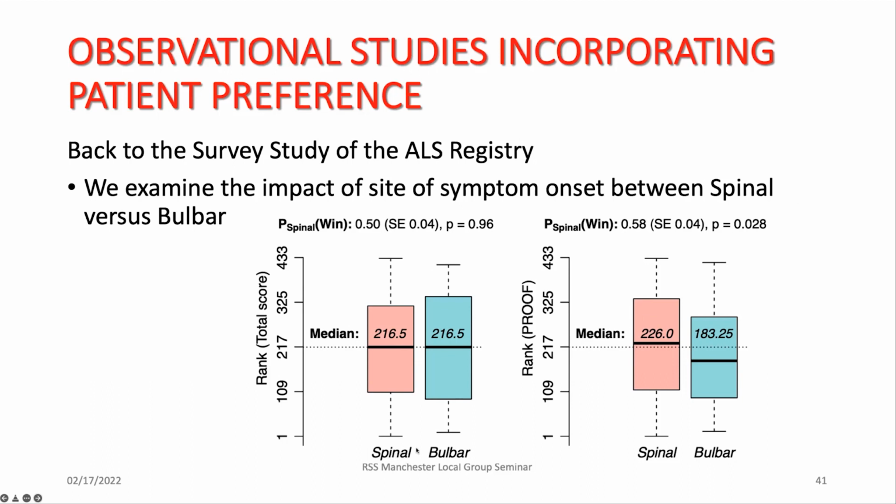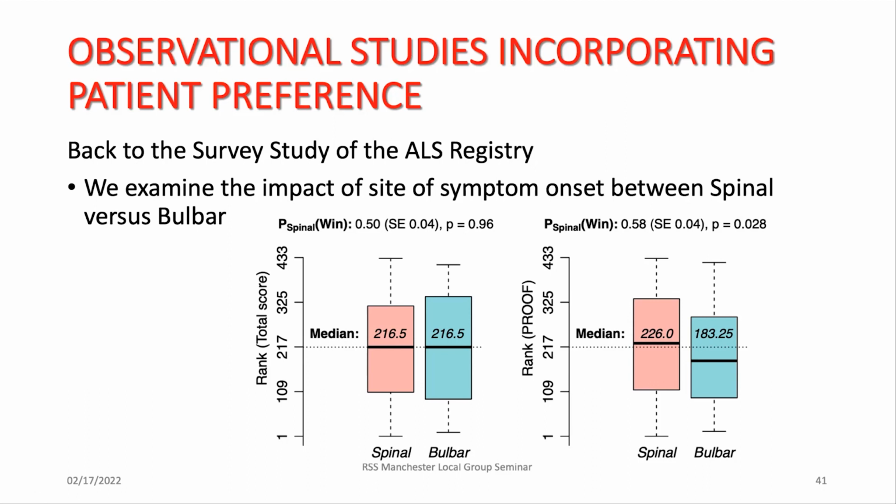The epidemiology data has shown that in ALS, bulbar patients progress much faster than spinal patients. This is known, and about 25% of patients are diagnosed with bulbar onset. In our ALS registry, there's 17% responders in the bulbar group. And remember, this is cross-sectional data of living ALS patients in the Netherlands.